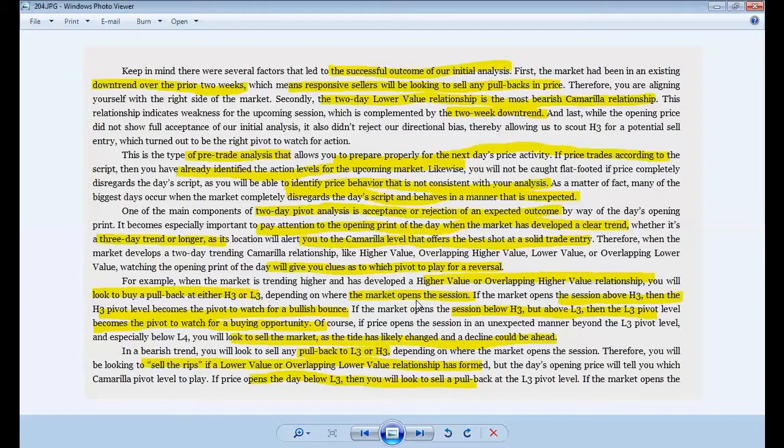And if the market is going to completely reject the bias that we have planned or formed, that will help us understand that the opening print has rejected. So we need to forget about the pre-trade analysis we have done, and we need to watch how the price action is playing, so that we will be able to understand it further.